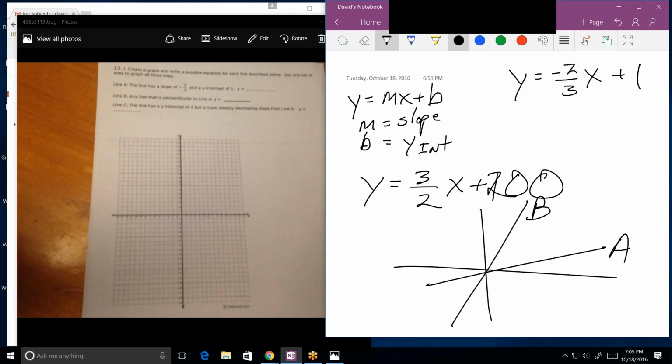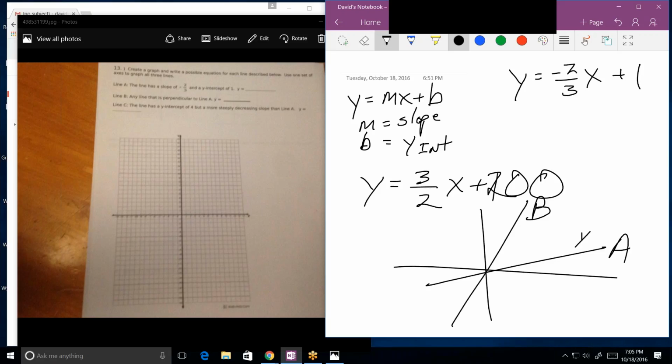Which slope is steeper, A or B? B is. Steeper means more vertical. And in fact, the slope on A is less than 1.